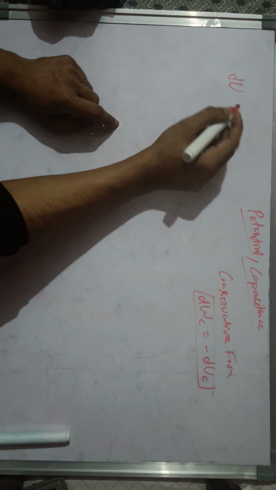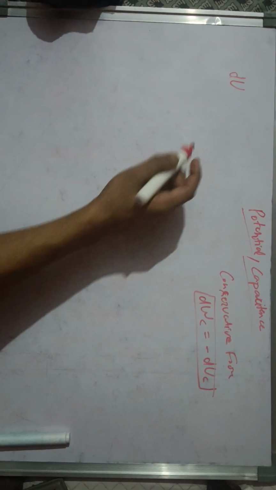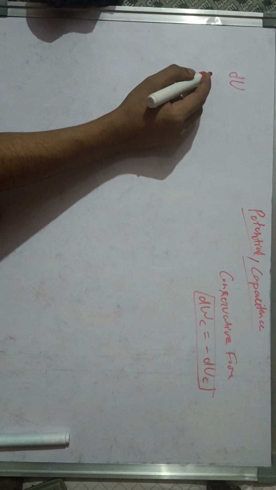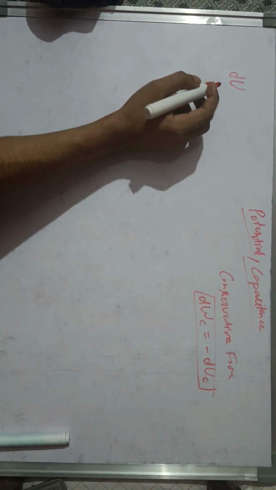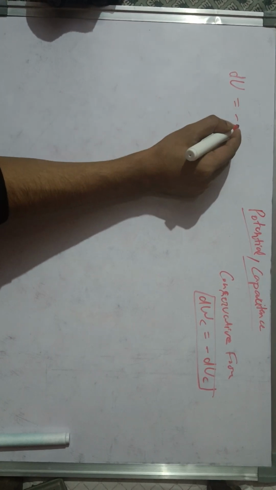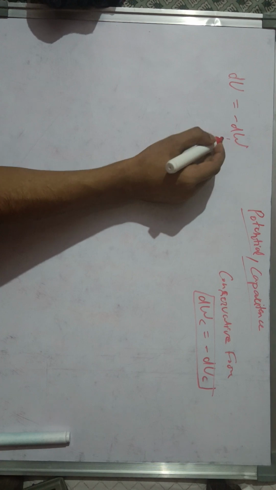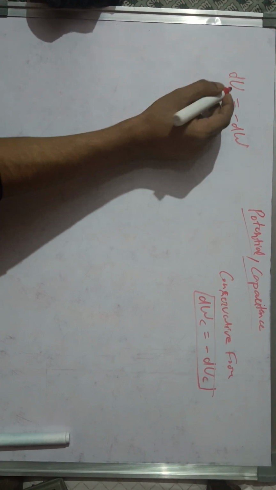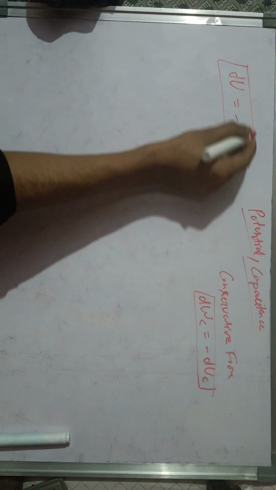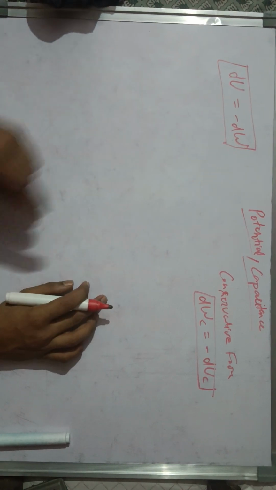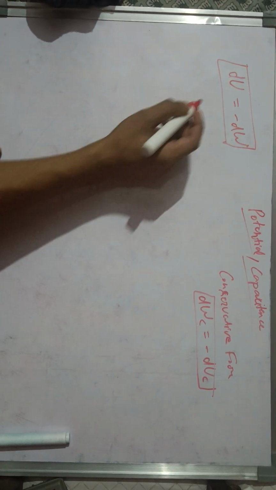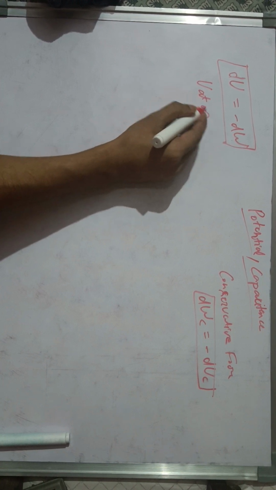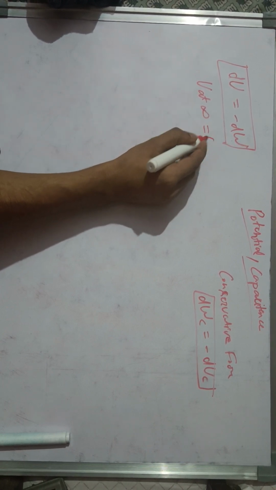So if there is an electrostatic field, then the work done by the electrostatic field, negative of this, is equal to the change in potential energy in the electrostatic field, and potential energy at infinity is taken as 0.